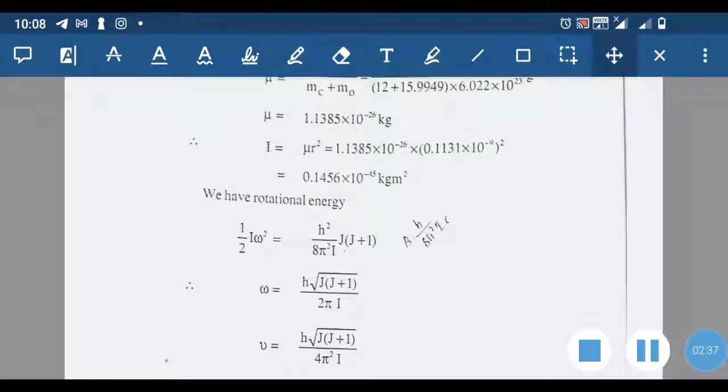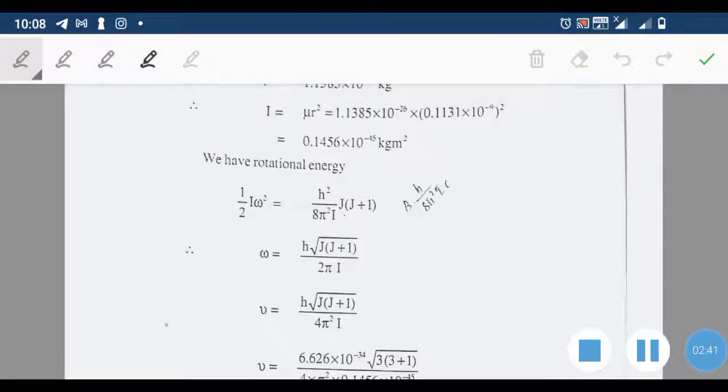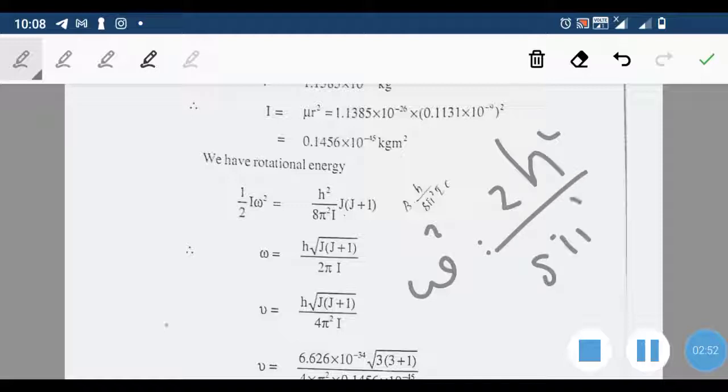By solving this we will get it as h into root of J into J plus 1 divided by 2 pi I, that is half I omega square. You can write it as 2 into h square divided by 8 pi square I into J into J plus 1, divided by I. So this becomes I square.